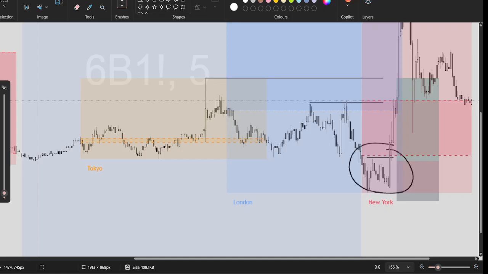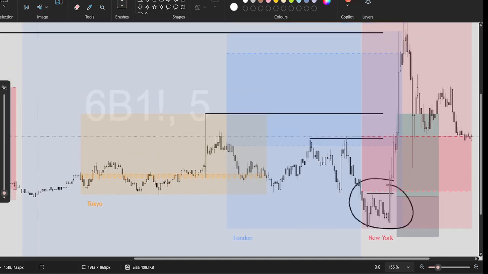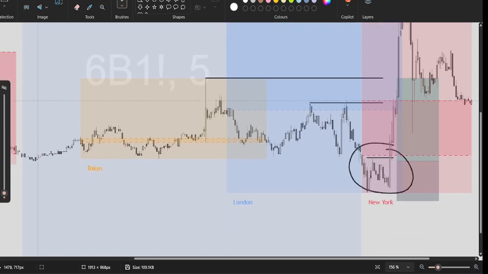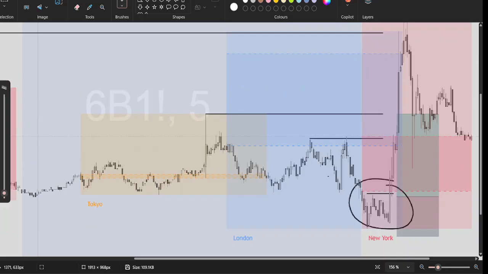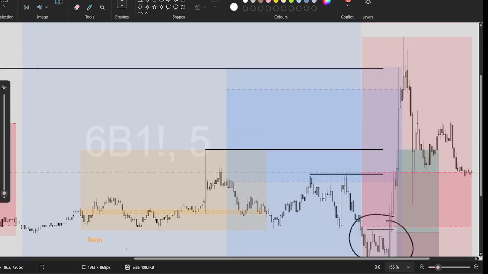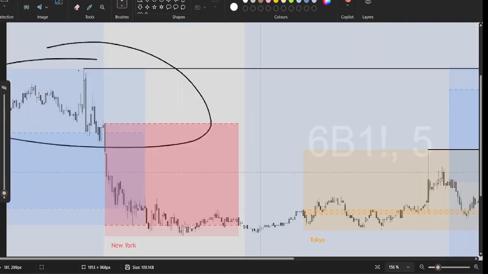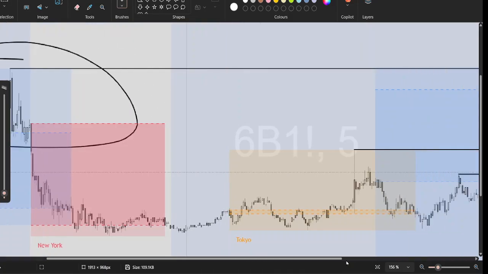And the idea is, if we switch at the edge, we should reach the other side, and we do, right? So we pierce obvious highs, we go straight through Asia, and we go actually to previous day London highs, which is this level here.